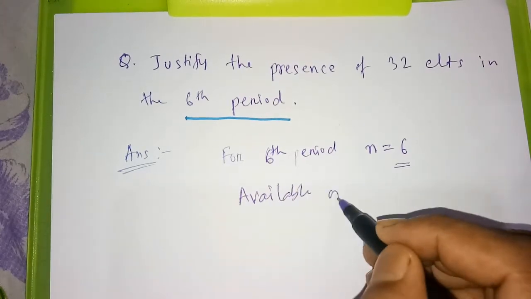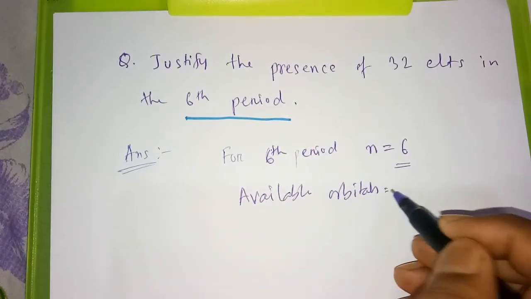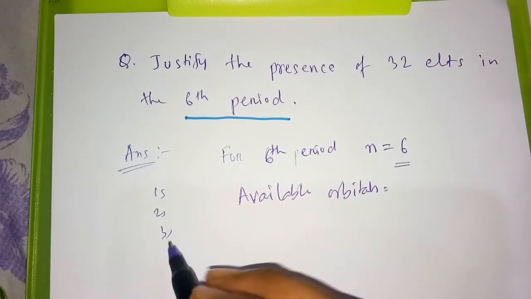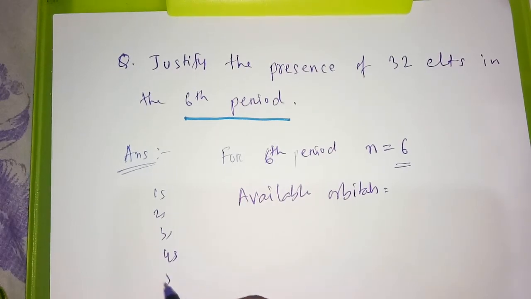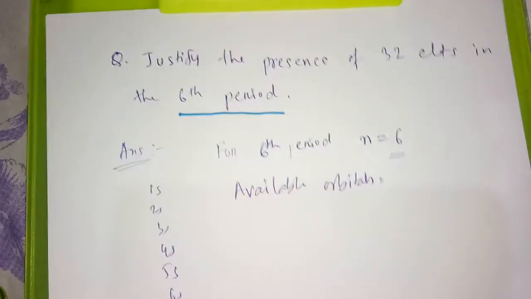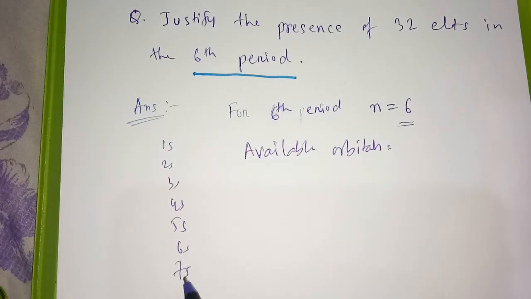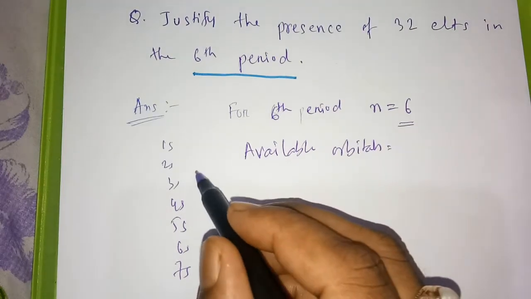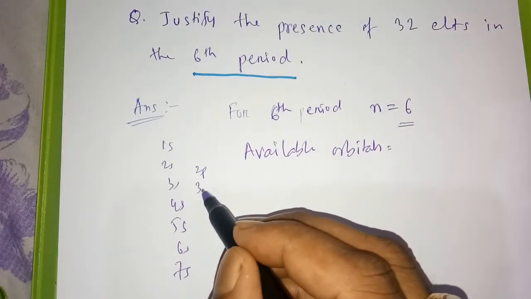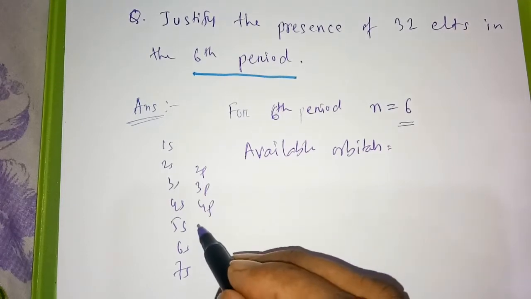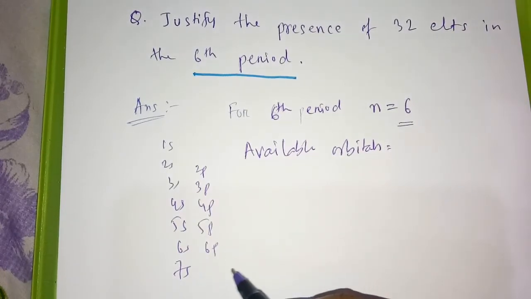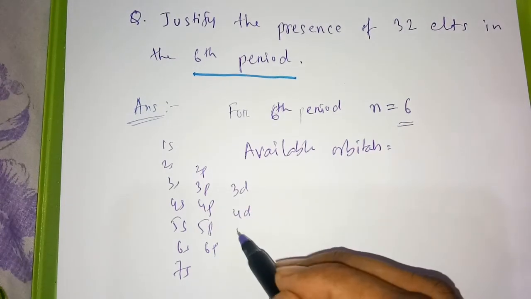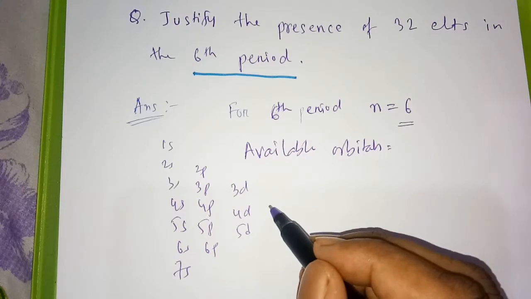available orbitals. Now if you have 1s, 2s, 3s, 4s, 5s, 6s, 7s, 2p, 3p, 4p, 5p, 6p, 3d, 4d, 5d, 4f.